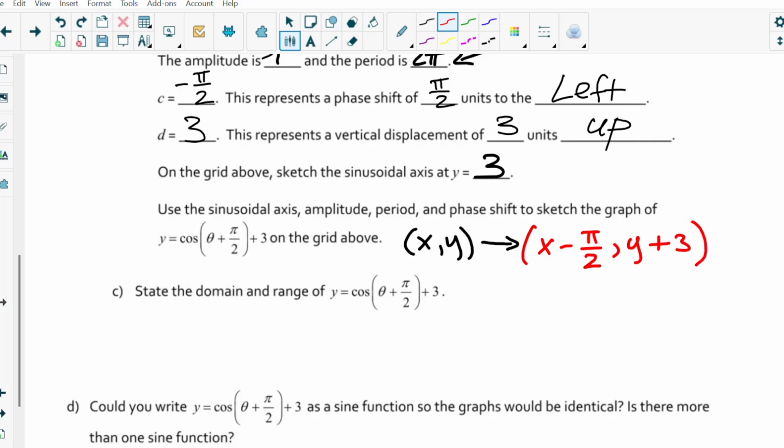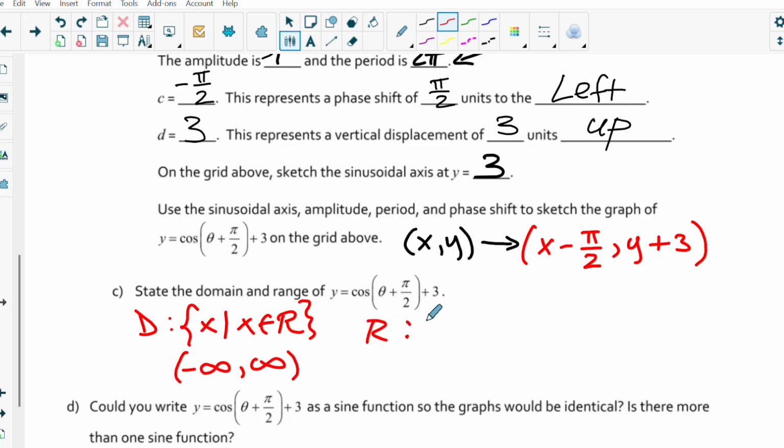Okay, state the domain and range of y equals cosine of theta plus pi over 2 plus 3. So domain is x such that x is an element of all real numbers, or in interval notation, there it is. Okay, what's the range?